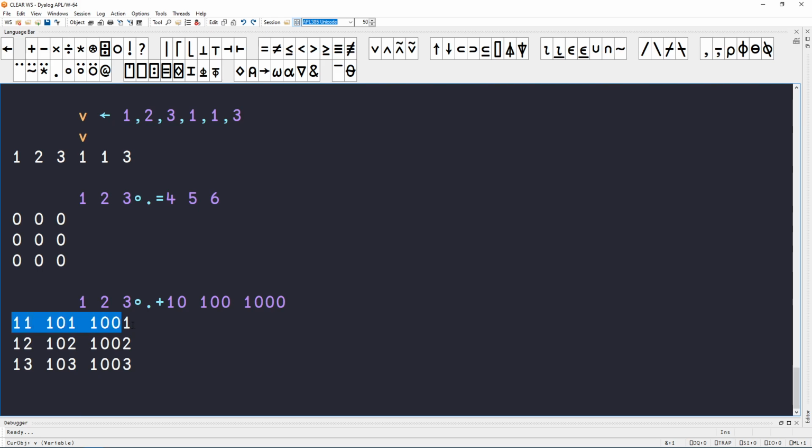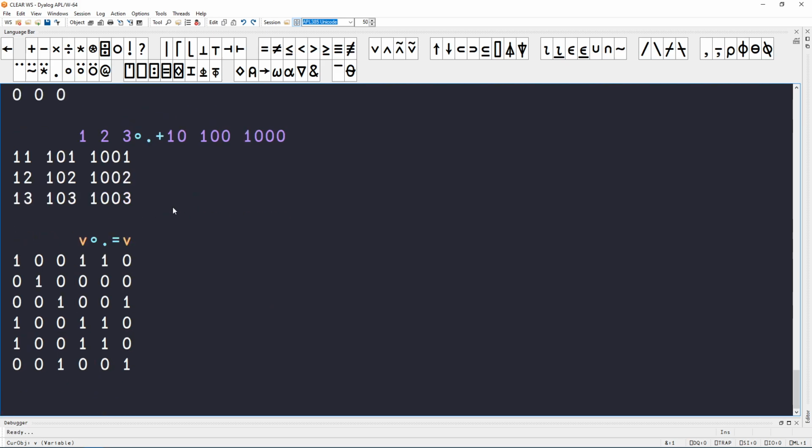Now 1 plus these three numbers gives me the first row, 2 plus these three numbers gives me the second row, and 3 plus these three numbers gives me the third row. So this is outer product. It takes a function over there and applies the function to all of the combinations of elements on the left and right.